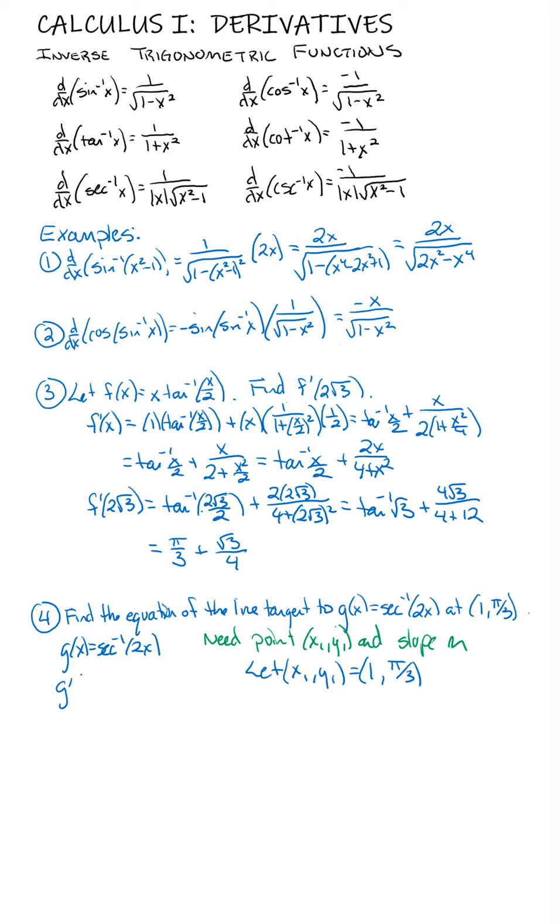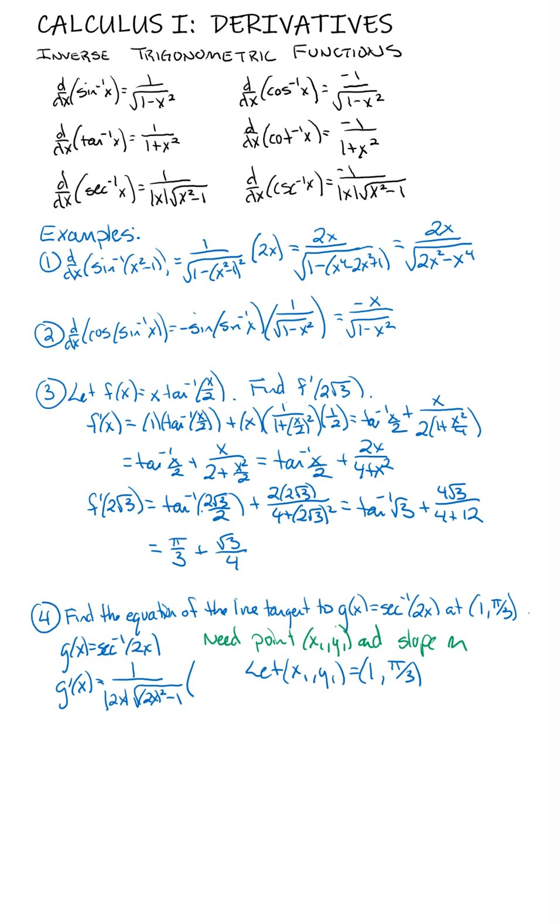So to find g prime, the inverse secant of 2x is what we're going to take the derivative of. Don't forget, we will need to use the chain rule because inside for that argument we have 2x. So we end up with 1 over the absolute value of that argument, which is 2x, times the square root of the argument squared minus 1. And then we'll multiply by the derivative of that argument.